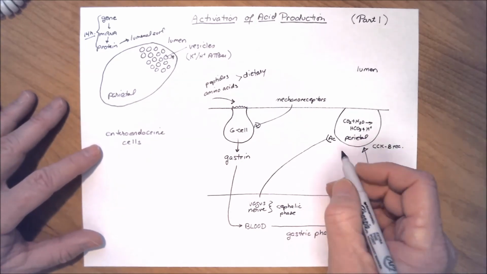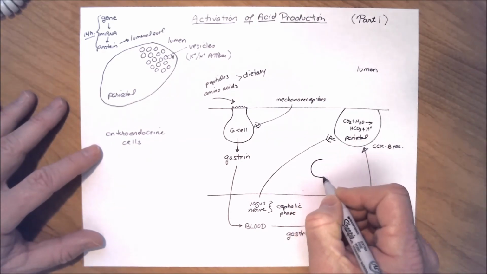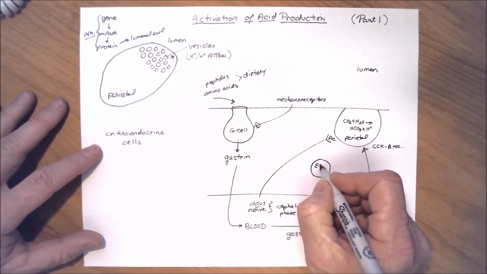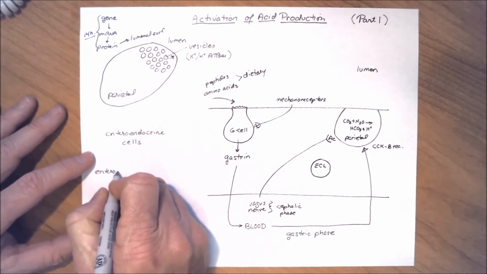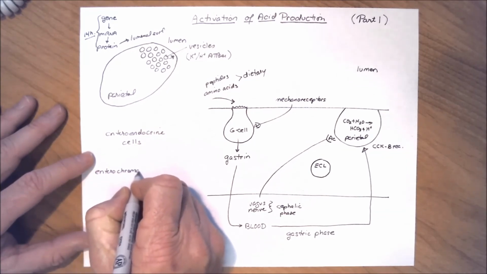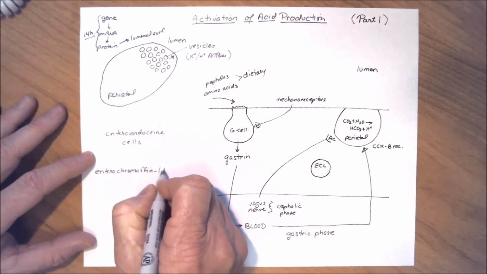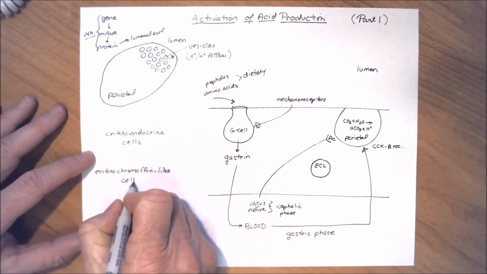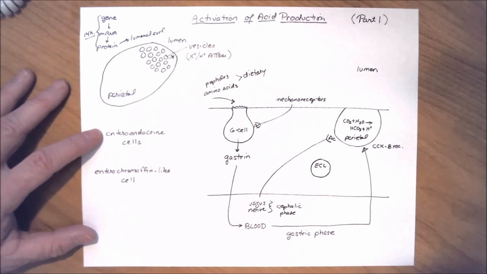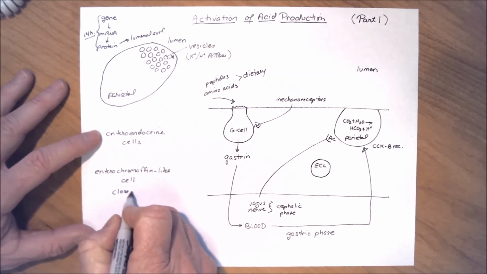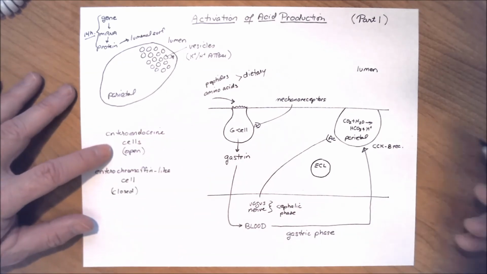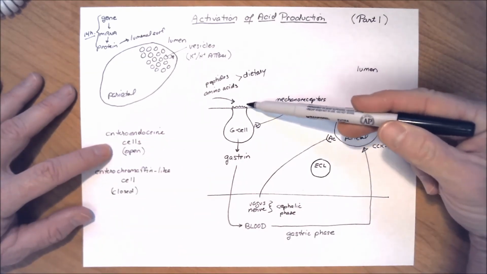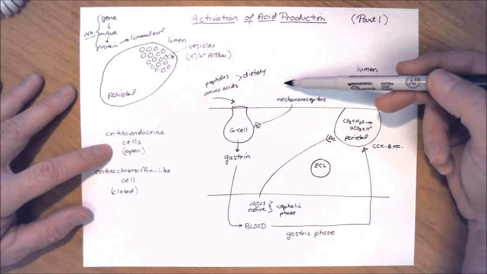Finally, the other cell type we have here is called an ECL cell, for enterochromaffin-like cell. This cell is also an enteroendocrine cell, but this one is considered closed, whereas this one is considered open. Open simply means that it's open to receiving dietary signals, being open to the body in the lumen.